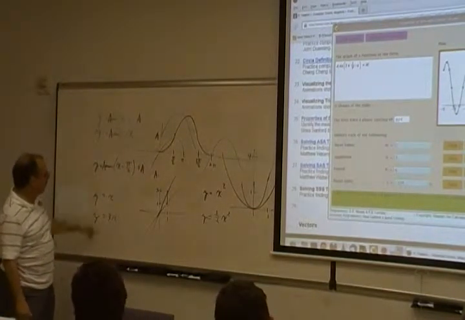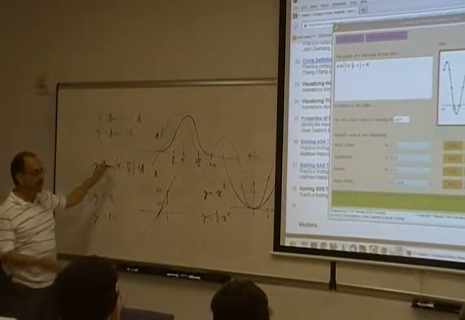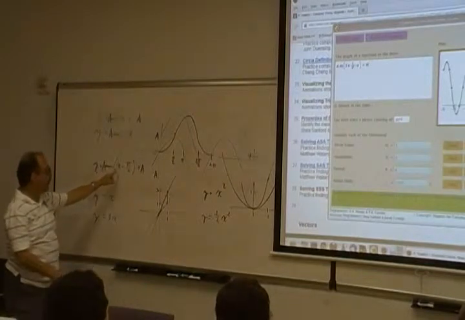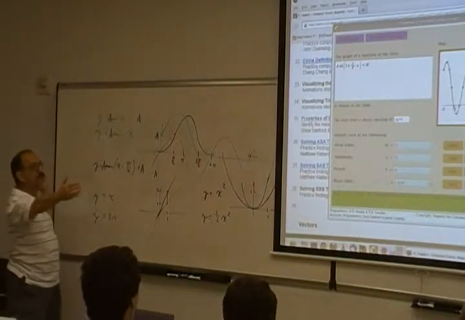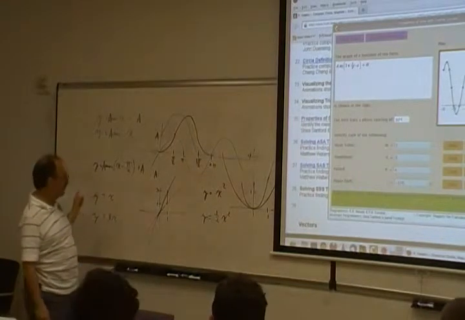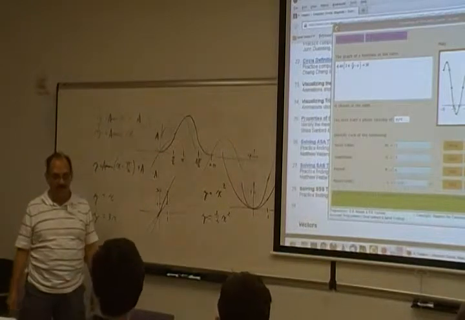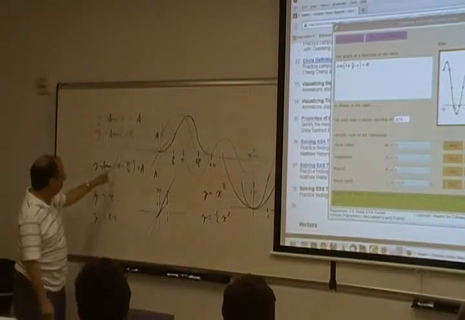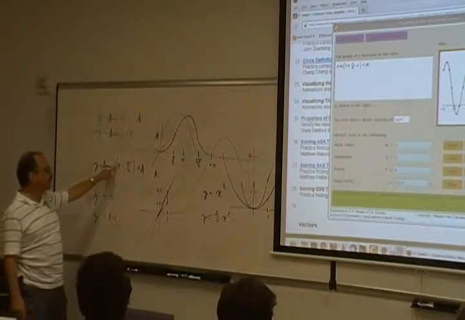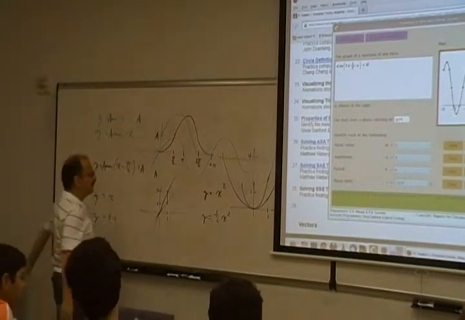Okay? Inside, multiplying by a number bigger than 1 shrinks it. Dividing by a number bigger than 1 stretches it. Just like left-right shifts, the inside one sort of is backwards from what you intuitively think. Multiplying by a number here that's bigger than 1 makes the graph squeeze together.